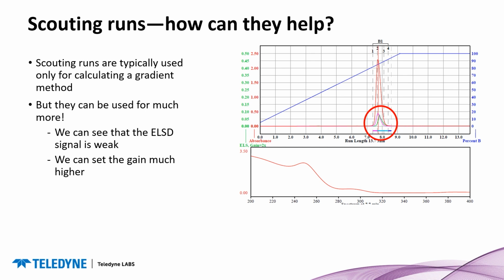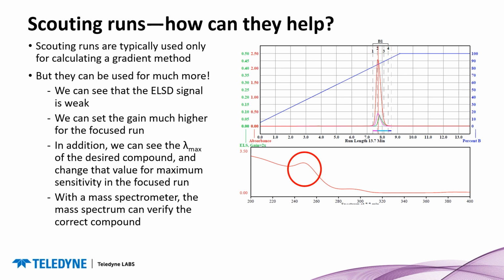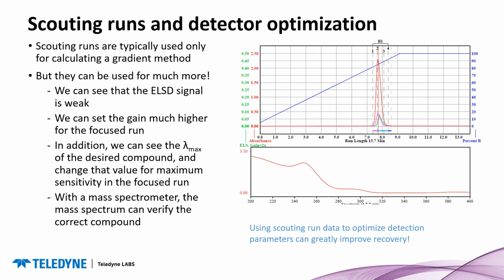Teledyne lab systems allow the detector gain to be increased to allow for better sample recovery. As described earlier, the detection wavelength can be optimized, and mass spectra can be evaluated to determine if the base ion peak or the molecular ion is a better choice for detection. Scouting run data can be used to improve sample recovery.